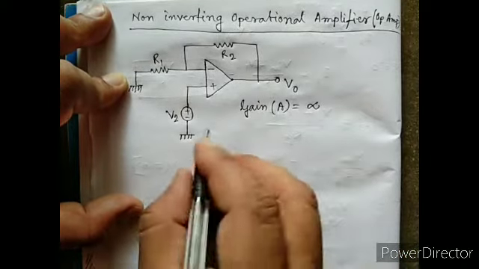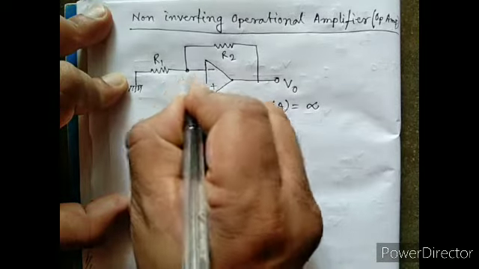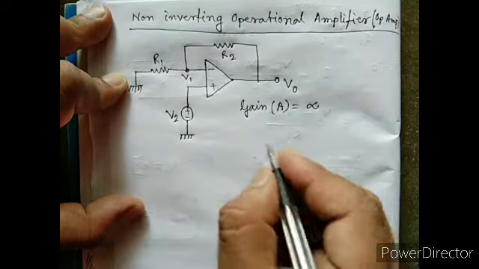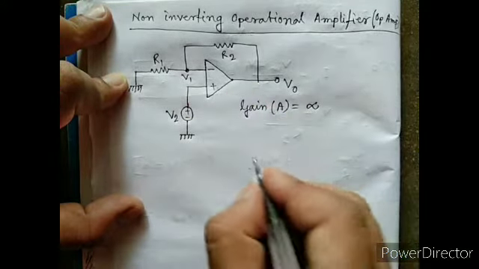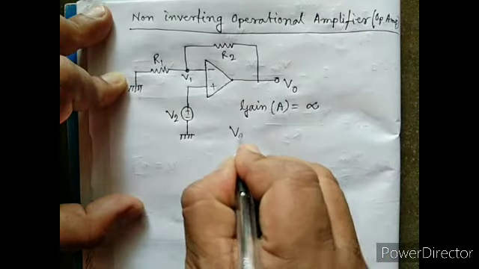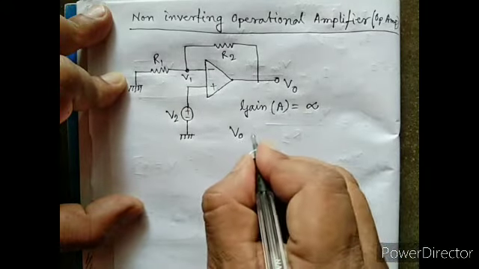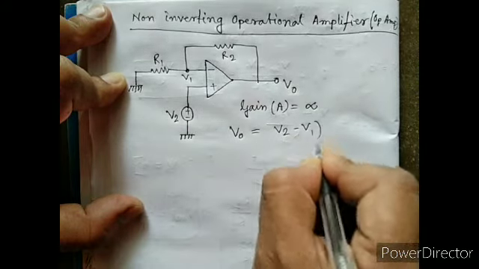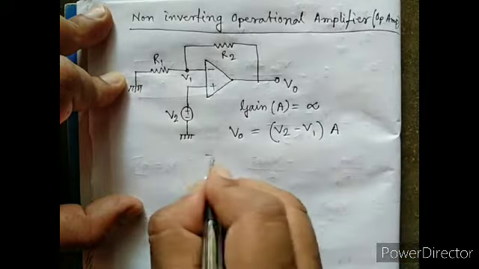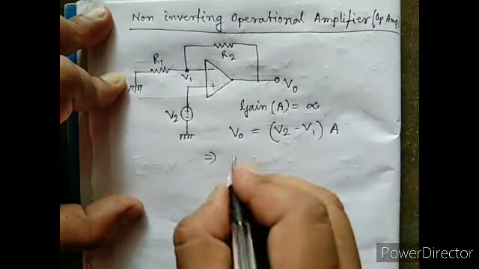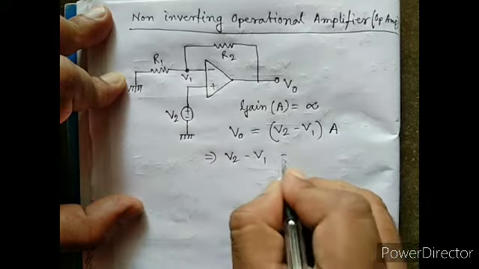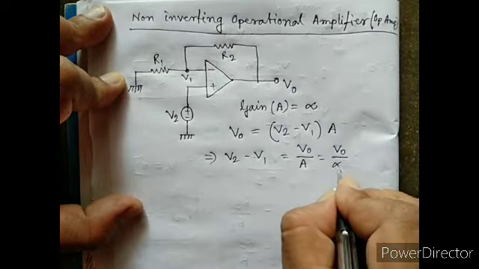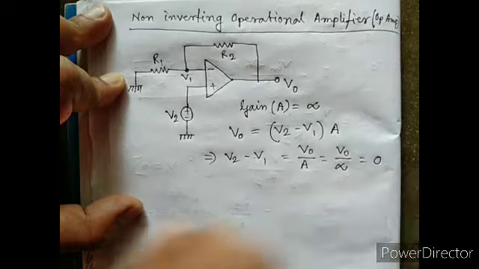If we name this terminal V1 and this V2, then for an open loop operational amplifier, the output V0 should be equal to V2 minus V1 into gain A. So, gain A is infinity, so V2 minus V1 equals V0 by A, that is V0 by infinity, which equals 0.